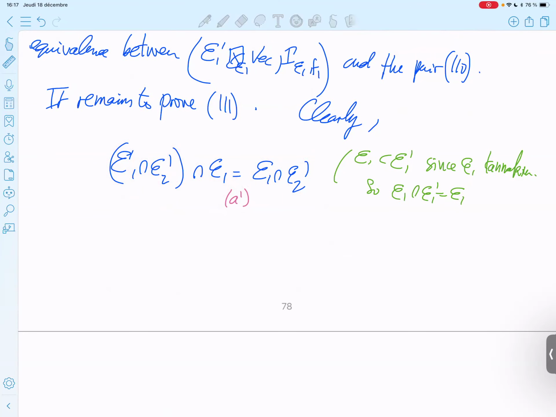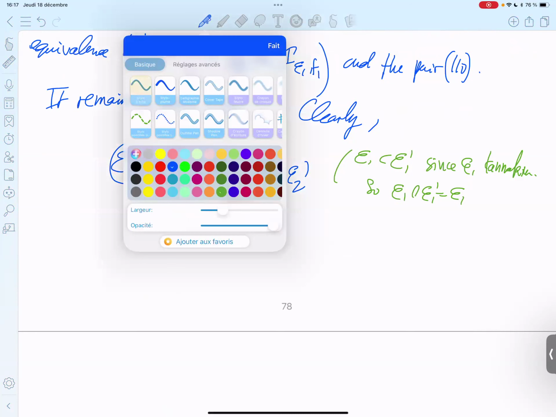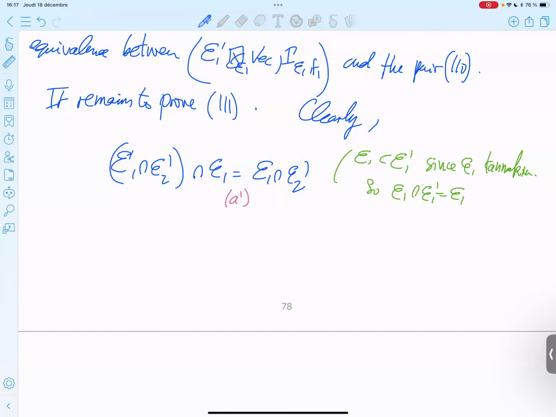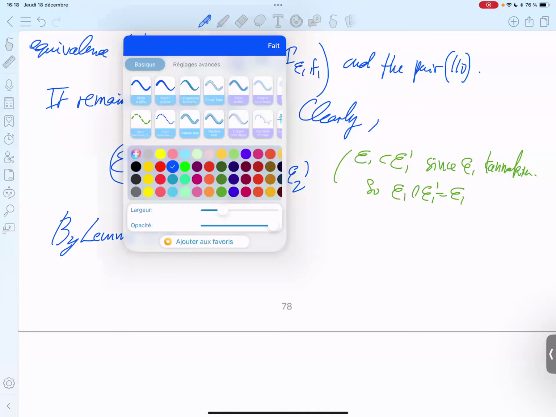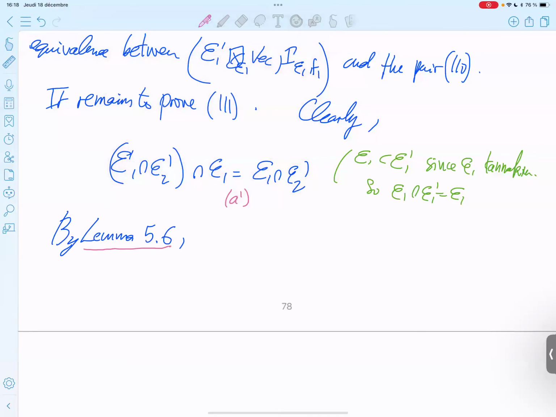Okay, next. By the lemma 5.6, the lemma involving modular lattice.